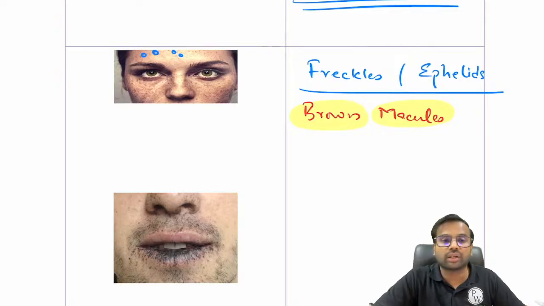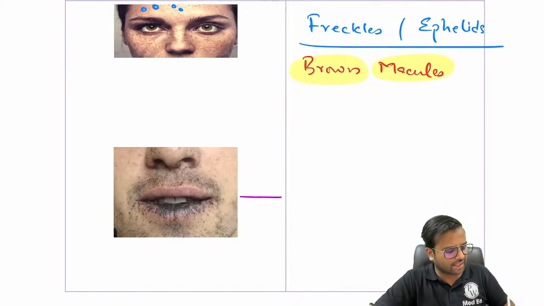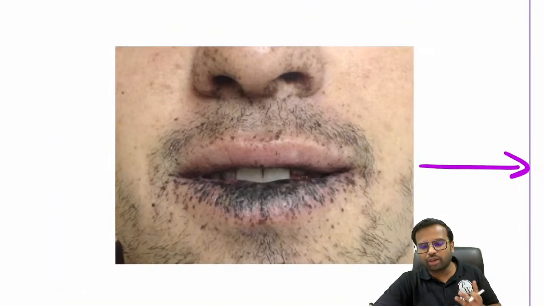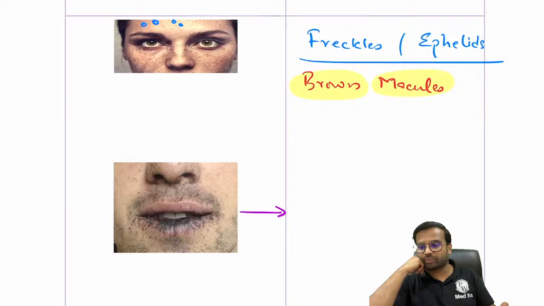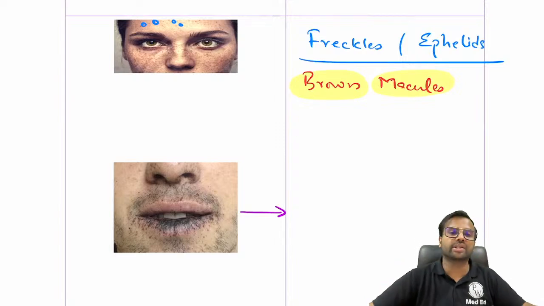Very good. Now let's see the next one. In the next one, you can see that this is not brown anymore. This is dark brown, या फिर black color, isn't it? So when you see these black colored macules over the face as well as over the oral mucosa, what is this? Dr. Pratiksha says it is Peutz-Jeghers.